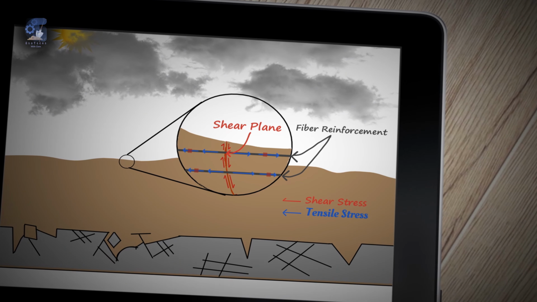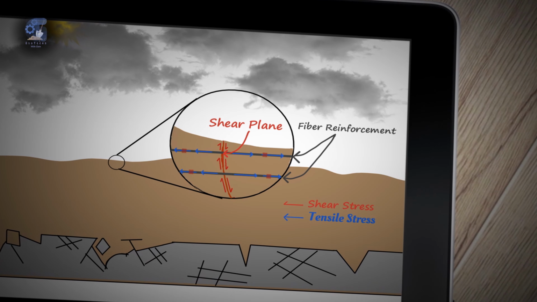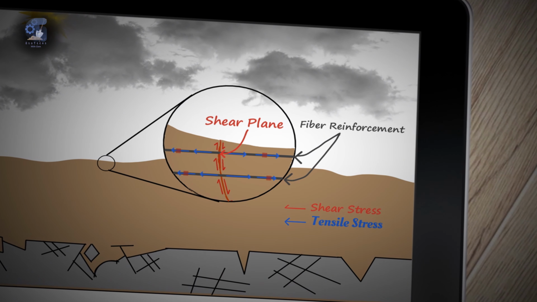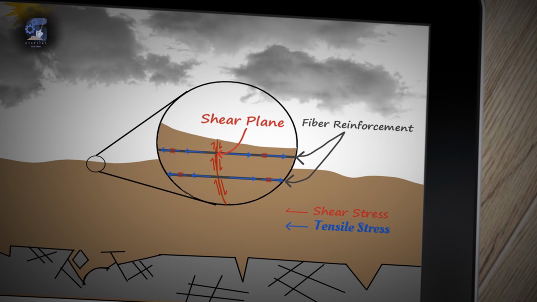Tensile stress is then mobilized in the fibers and transferred to the surrounding soils through the frictional contact along the interface. As a result, the shear strength of the soil plus the tensile strength of the reinforcement fiber increases the overall strength.